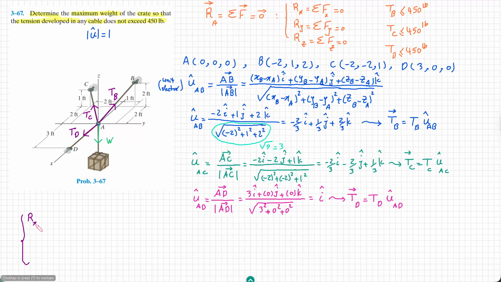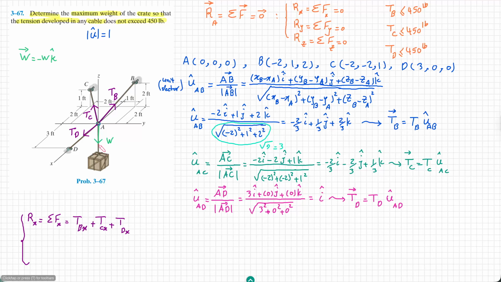Rx, that is sigma Fx, so all forces that apply to point A. So I use the x coordinates of each: TBX plus TCX, the x components of TC, plus TDX, and also I have to consider the vector W. The vector W is the magnitude in the negative z direction, so I can write this as negative W k hat.